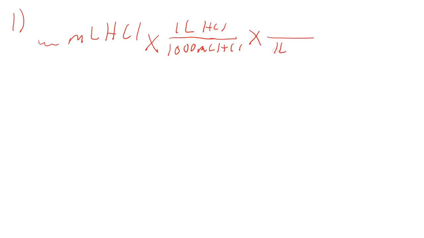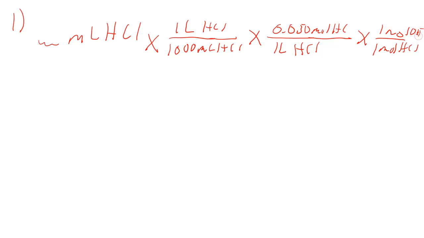And we're going to use a 0.05 molar solution of hydrochloric acid. So that's 0.05 moles of hydrochloric acid per liter. And then we've established we have 1 mole of hydrochloric acid per 1 mole of hydroxide. So that will give you your moles of hydroxide.